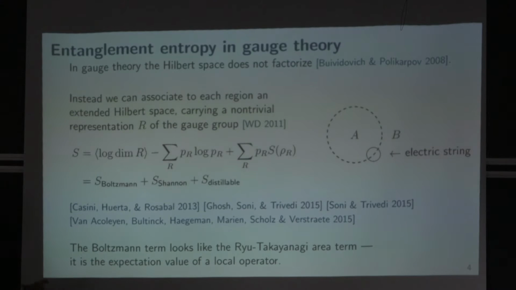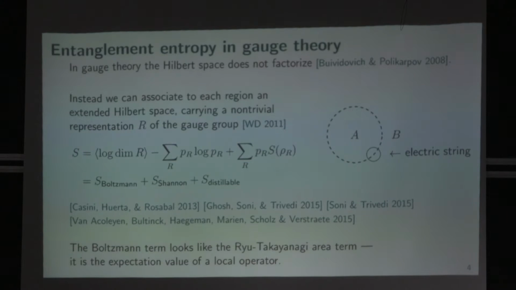What happens is that you can take a Wilson loop and cut it into two Wilson lines, but then the endpoints transform in some non-trivial representation of the gauge group. There's still a very natural notion of entanglement entropy associated with this, and it takes the following form. So R is every possible representation of the gauge group on the boundary that your states can transform in.